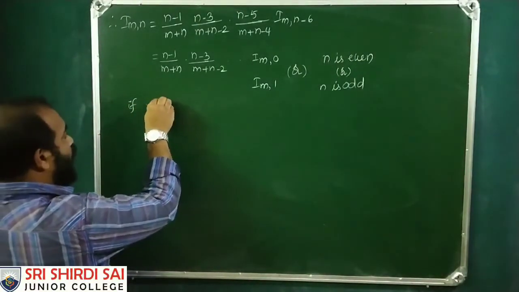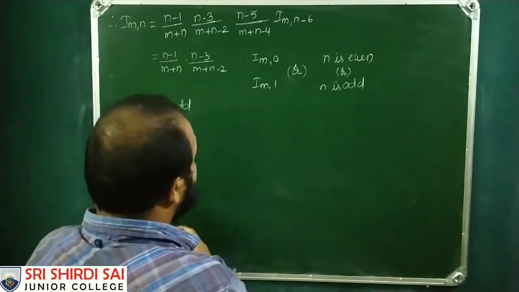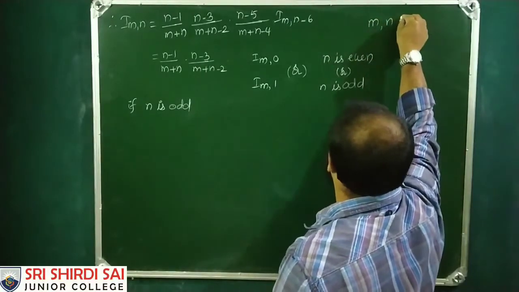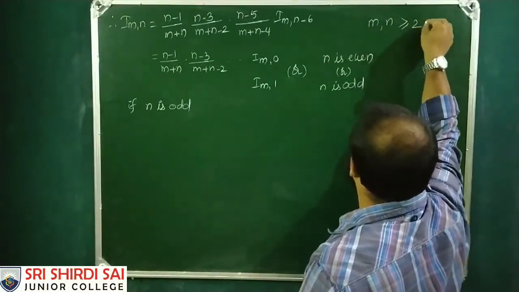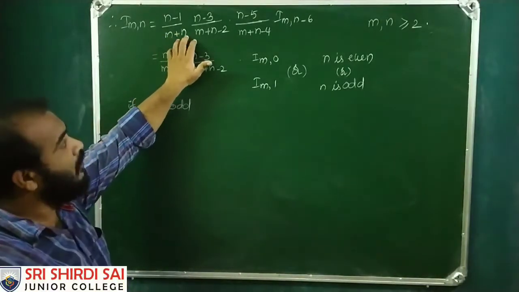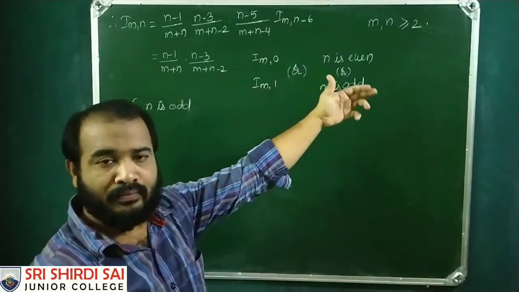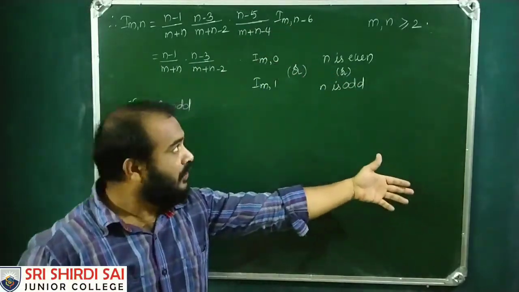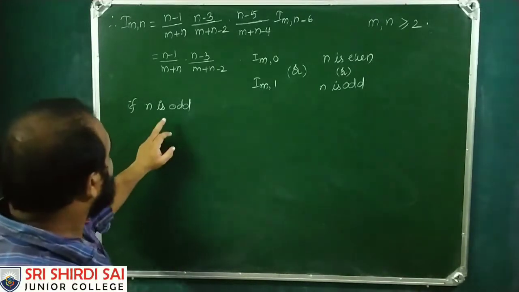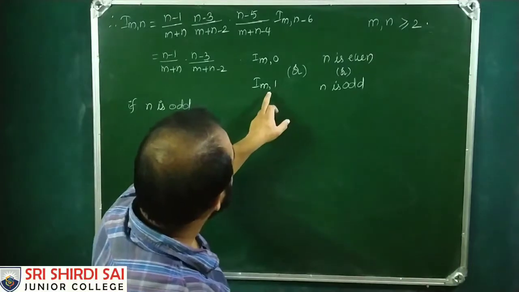Remember these are all for m, n greater than or equal to 2. This reduction formula is valid as long as m, n are positive integers greater than or equal to 2. If n is odd, we will end up with this.